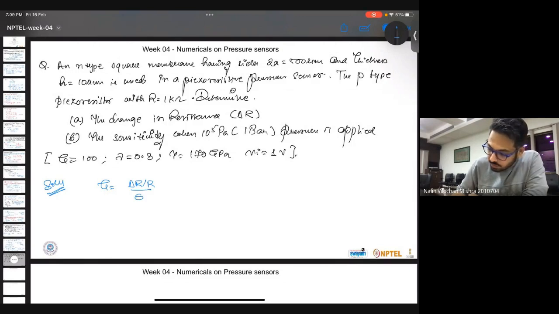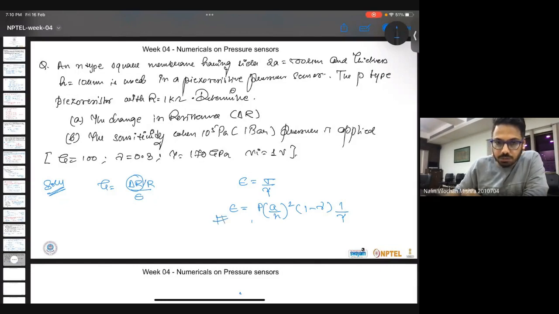So we need the value of change in R. That can be calculated as this, and we can write the value of stress as P by A h square 1 minus mu 1 by Y. From here, we can calculate the value of strain by putting up the values.